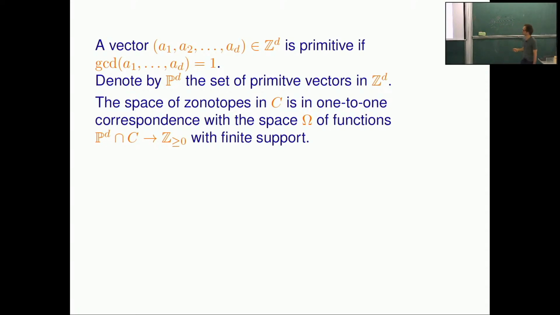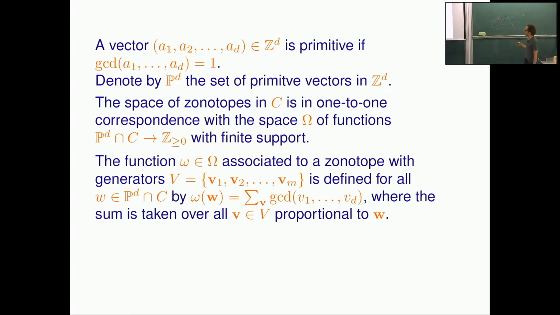Is that okay? So what we're going to use is a correspondence between the space of zonotopes and the space of non-negative integer valued functions on the primitive vectors that are contained in our cone C.